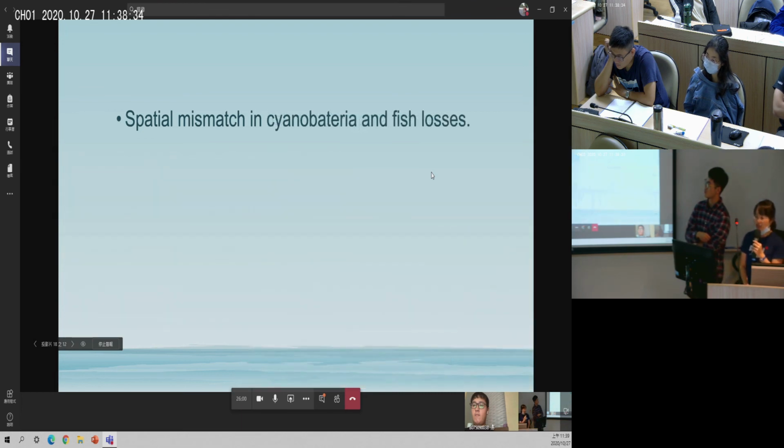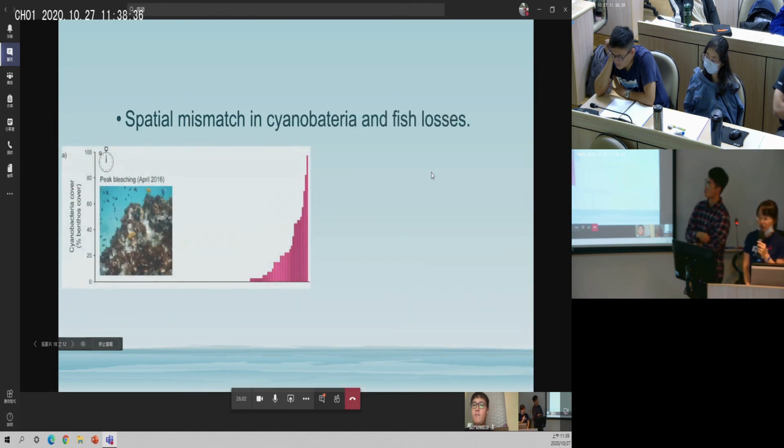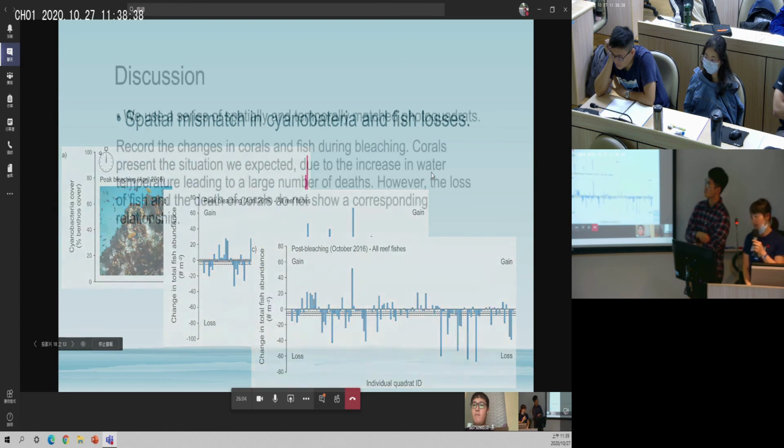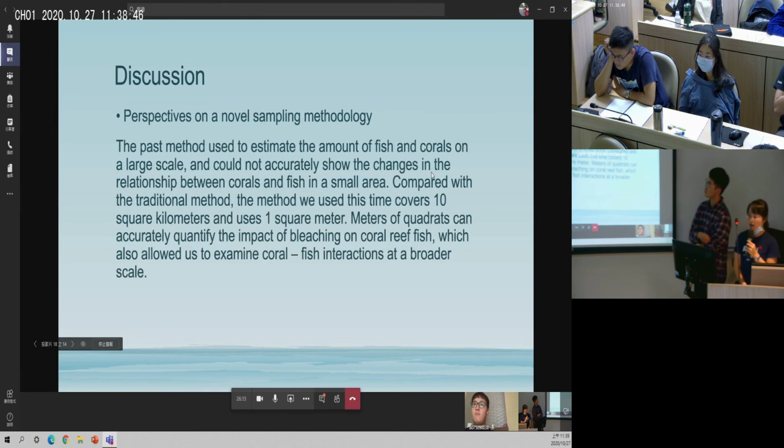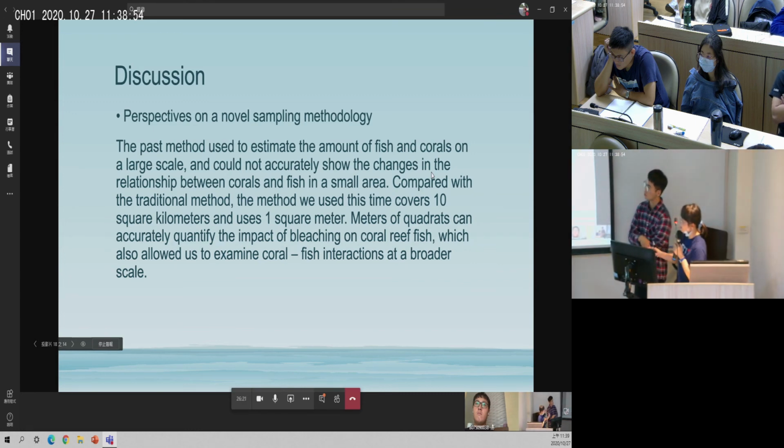And then actually I think the authors provided some explanation for this mismatch in coral abundance and fish abundance, but this is not discussed in this talk. So I hope that next time you can figure that out and add that information into your discussion.